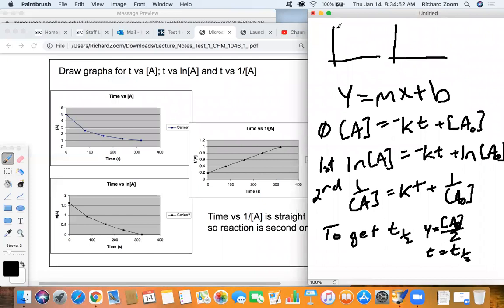So let's look at a curve. If I take points on a curve, you can see that the slopes of any 2 points that I've taken are going to be different. So that's a curve.